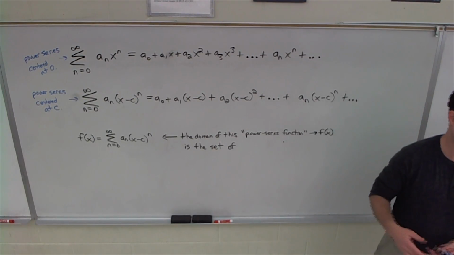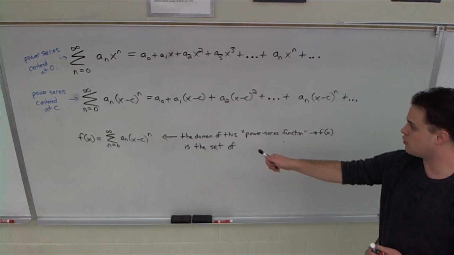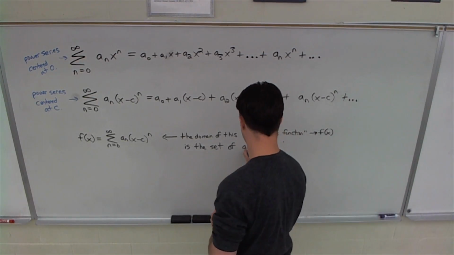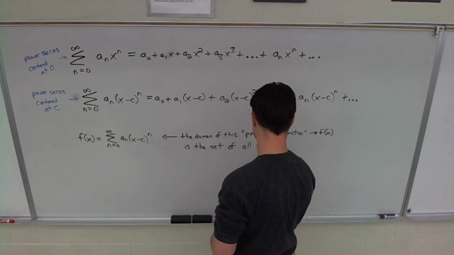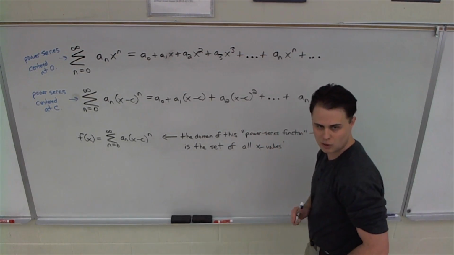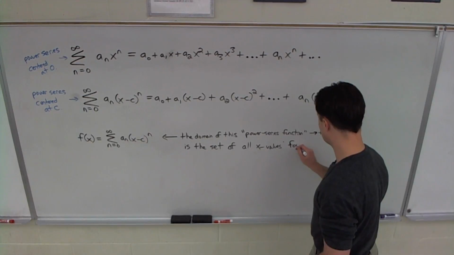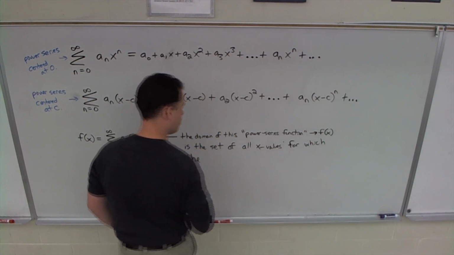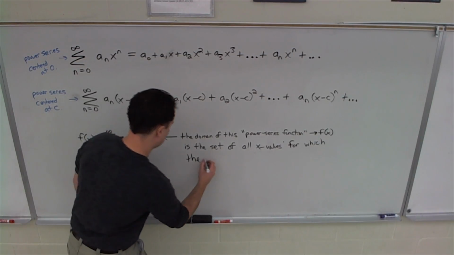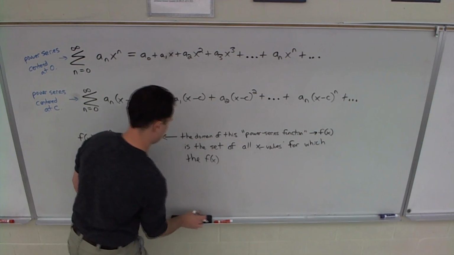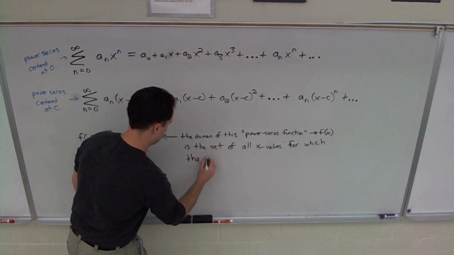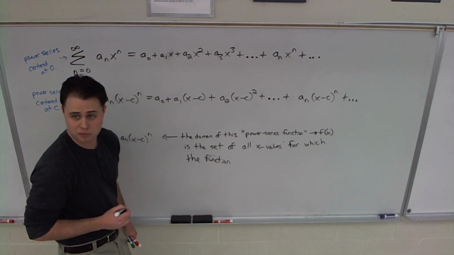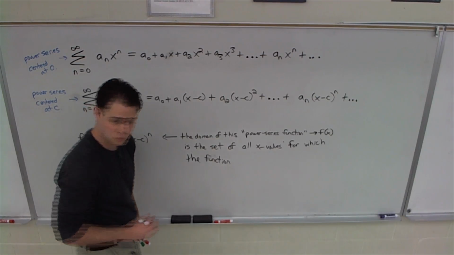Does that make sense? So, the domain of this function is the set of all x values, because that's the input, of course, for which the function, which is a series, converges.